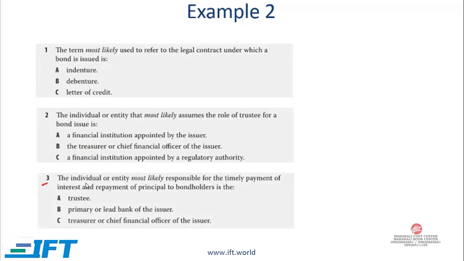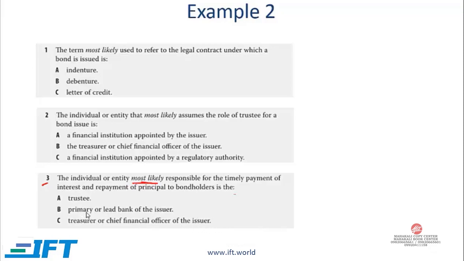Question 3. The individual or entity most likely responsible for the timely payment of interest and repayment of principal to bondholders is the trustee, primary or lead bank of the issuer, treasurer or CFO of the issuer. This is slightly tricky.